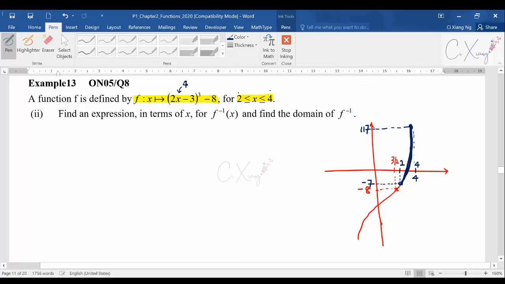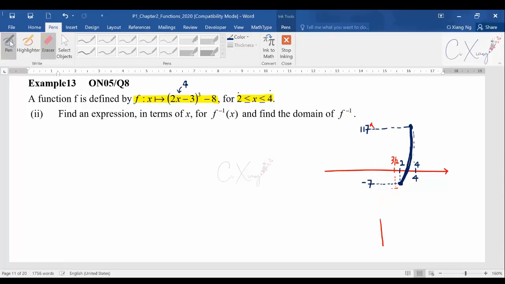Again, x power 3 has a long graph like this, but according to the domain that they give you here, your graph will look something like this one. So I cancel off the red color one.